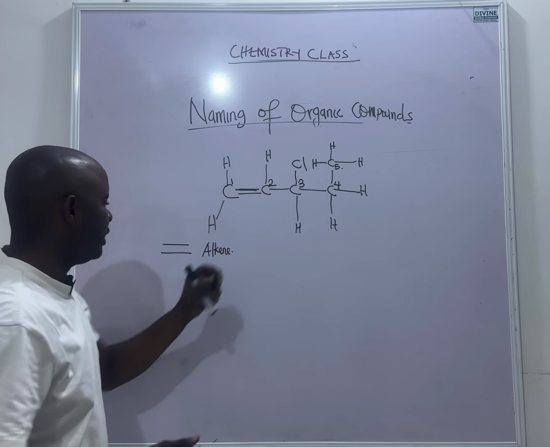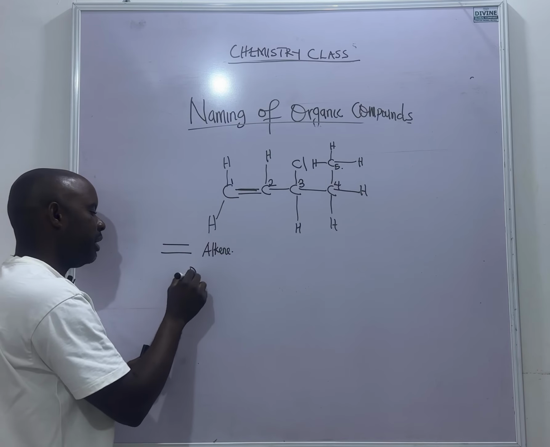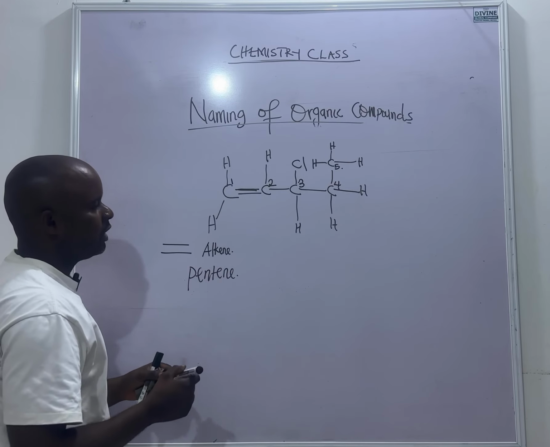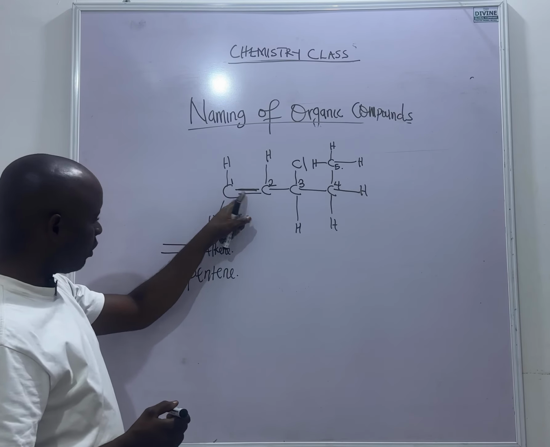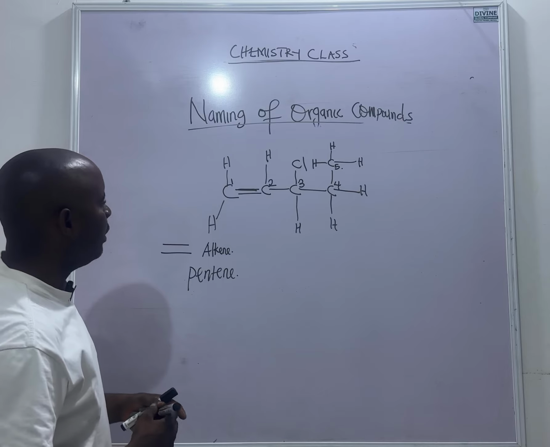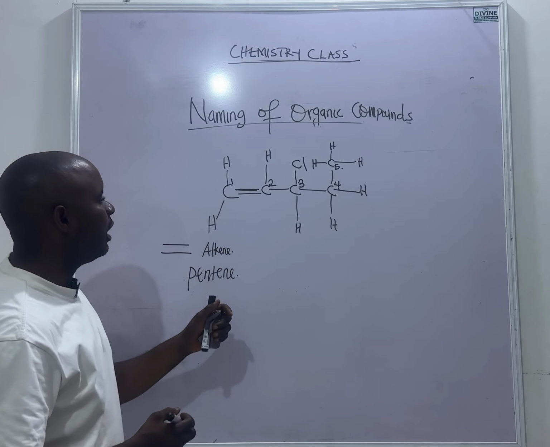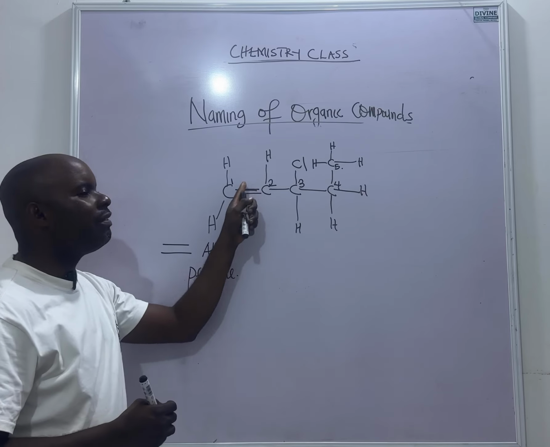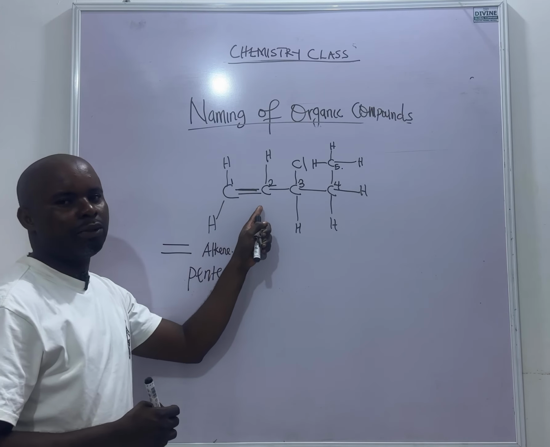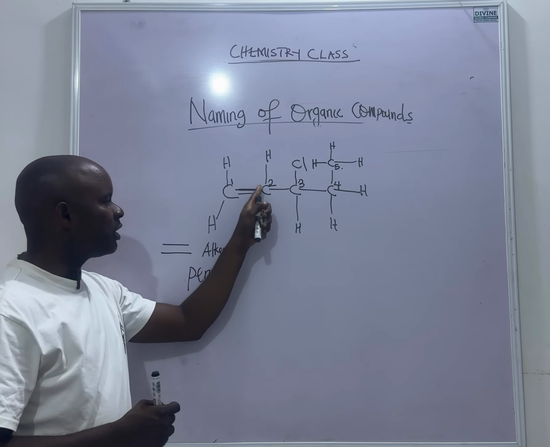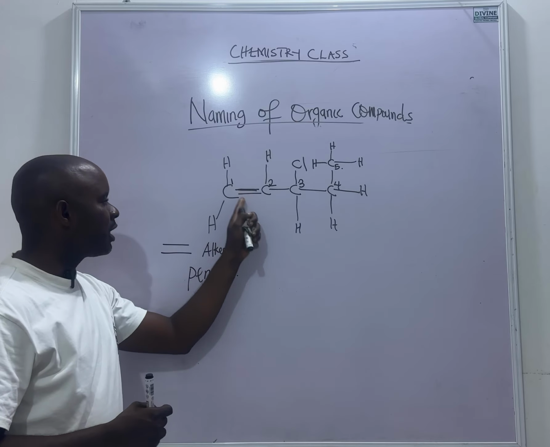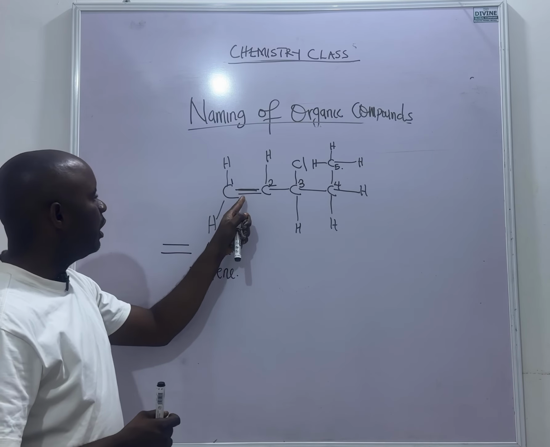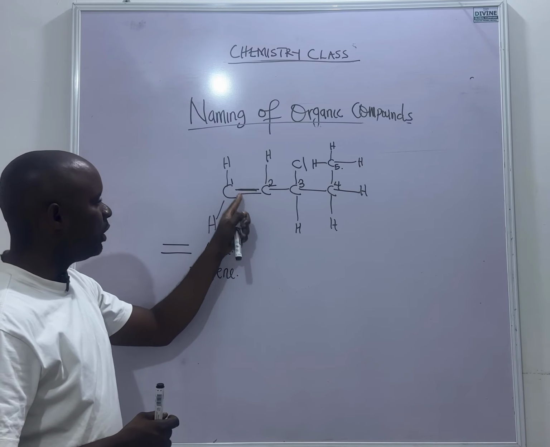So the parent name, 5 carbon atoms, is known as pentene, because this double bond is here. If you are naming this unsaturated hydrocarbon, you must tell us the carbon that is bearing this functional group, and a preference is given to it with the lowest number.